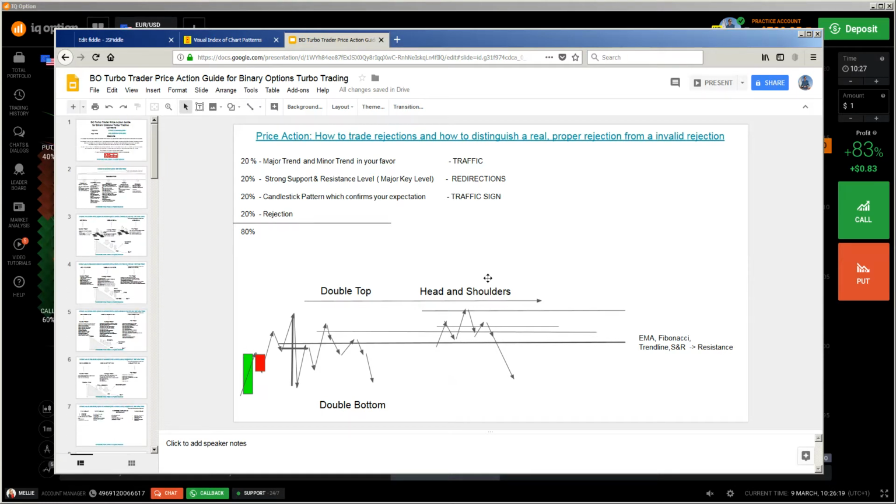And here you see the most important part of all this, what I have explained in this video: how much percentage of a good trade makes a rejection. And the rejection makes only 20%.